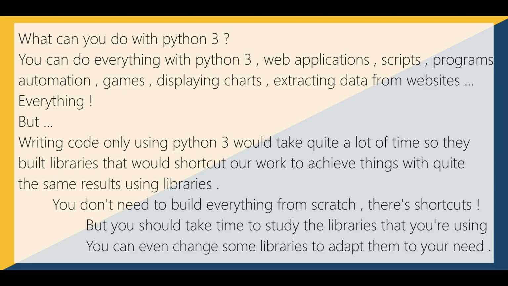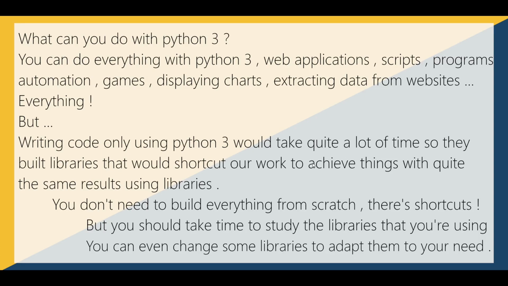So let's continue. What can you do with Python 3? This is a big question, so you can do everything with Python 3. Web applications, scripts, programs, automation, games, displaying charts, extracting data from websites, everything, okay? But writing code using only Python 3 would take quite a lot of time. So they built libraries that shortcut our work to achieve the same results.